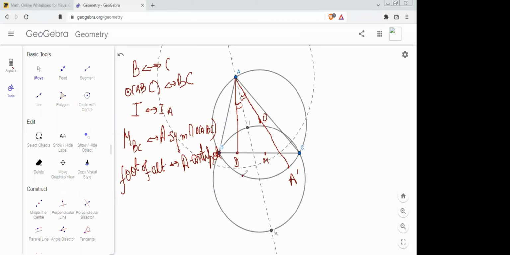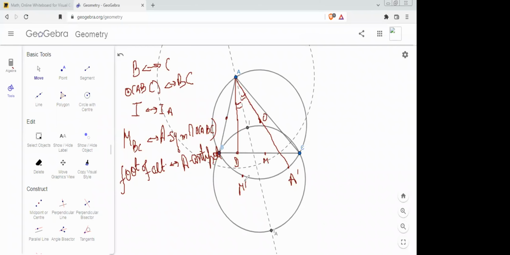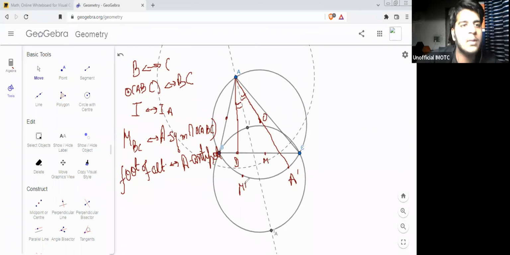No, listen, you have 2 points, but other midpoints don't go to that, right? So you have 2 points on the circumcircle, but you don't have a third point on the circumcircle. That's BC. The image of BC goes to ABC, not the 9-point circle.